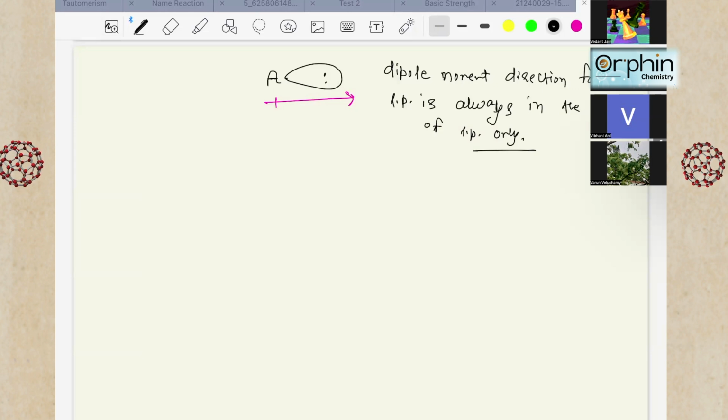One very interesting and important point I'm telling you now, and you will be impressed by this line. What is that? When there is only one lone pair on the central atom, those compounds can never be non-polar, because the dipole moment of a lone pair can be cancelled by a lone pair only, and it cannot be cancelled by any other dipole. Suppose a dipole is there, and if a dipole is there in the opposite direction, that dipole must be the same to cancel.